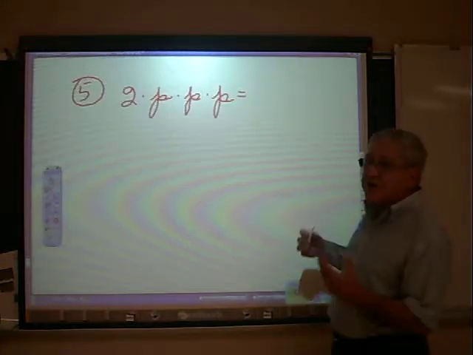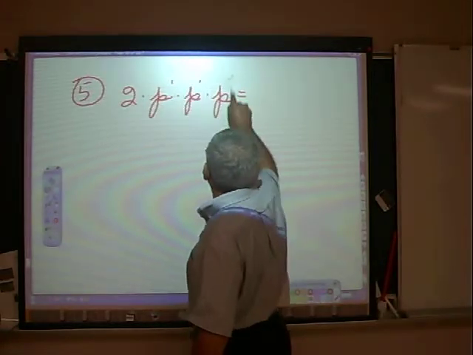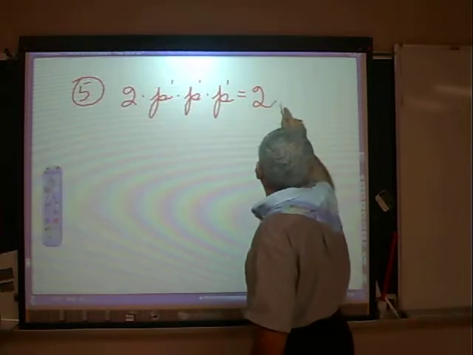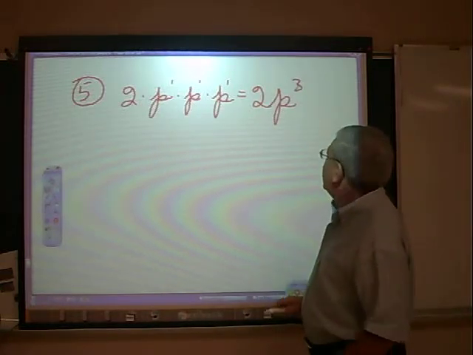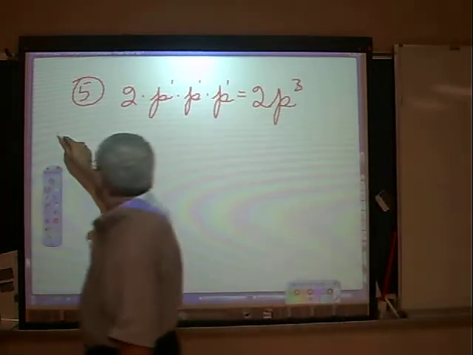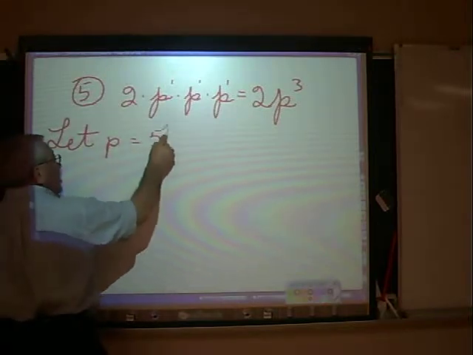And here's another one, the same exact problem, different letters. These are the exponents, we multiply. P times P times P is P to the 3rd power. And again, you want to try a number like 5 in there, something that doesn't appear up there. So we say let P equal 5.